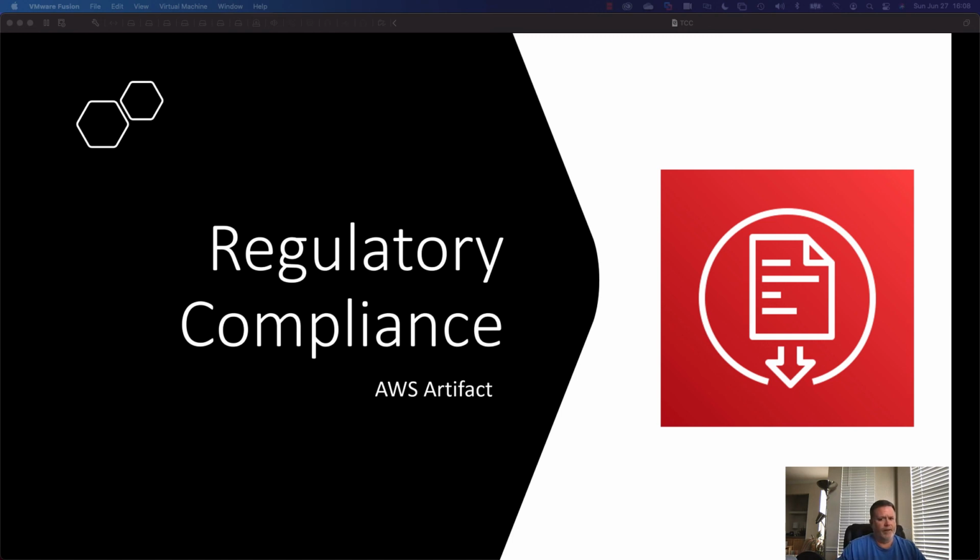So AWS has done a lot of legwork and created a lot of documentation that shows how they meet regulatory compliance in a number of industries and governments. And so AWS Artifact is a place where you go and look those up and get that information to help you assess whether you would be in compliance within your industry or whatever you're doing with AWS.